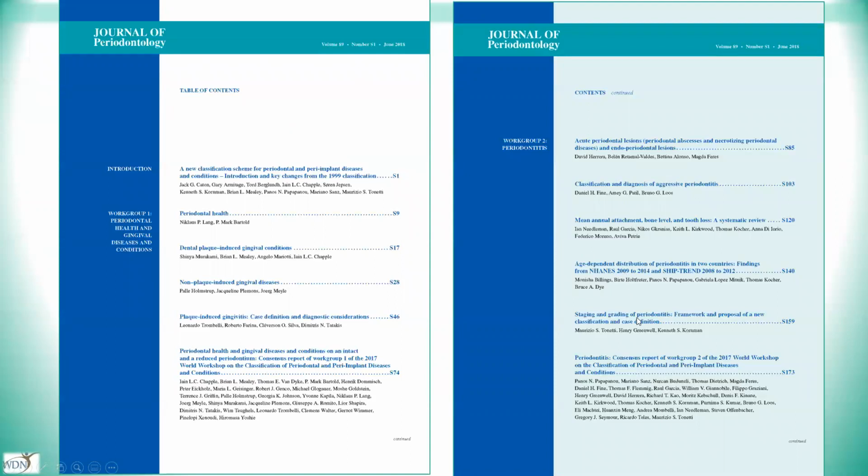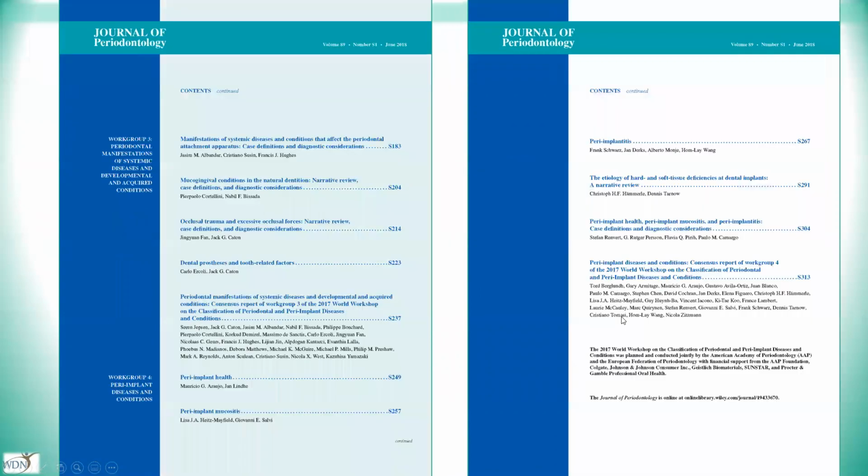It's a very, very comprehensive, robust group of articles about periodontal health, plaque-induced conditions, non-plaque-induced conditions, classification of disease, age-dependent distribution, staging and grading. I mean, it goes on and on. Work group 3 looked at periodontal manifestations of systemic diseases and developmental and acquired conditions. Work group 4 looked at peri-implant diseases and conditions.